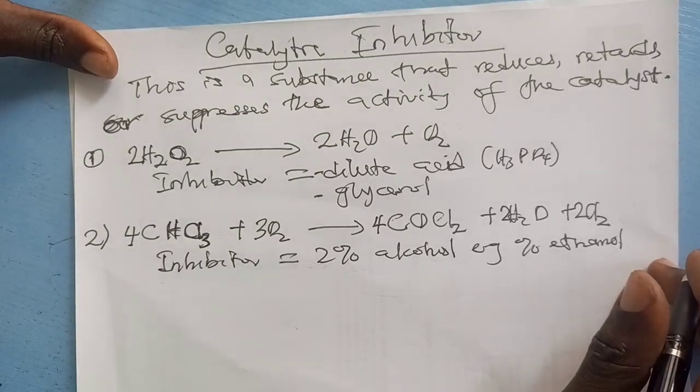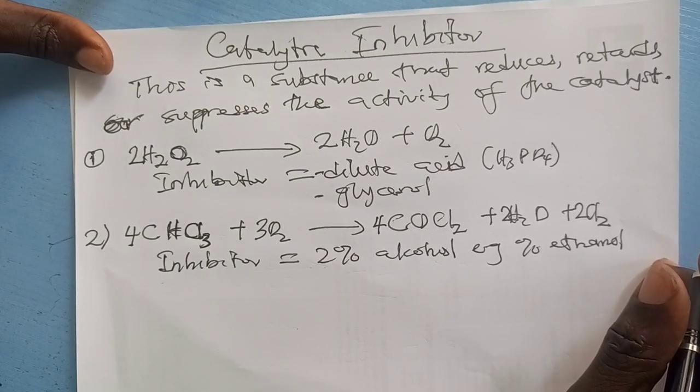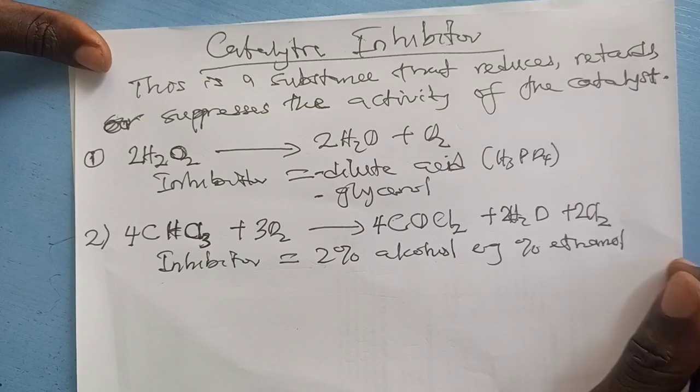Okay, I believe you understand what we refer to as catalytic inhibitor. Well, let me say this. A catalytic inhibitor can also be a negative catalyst. I believe you understand that. You want to get the details, go to my first video.